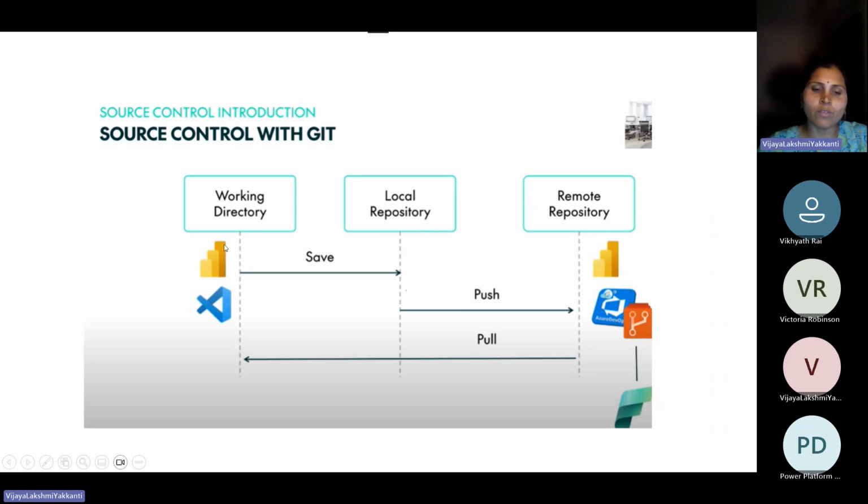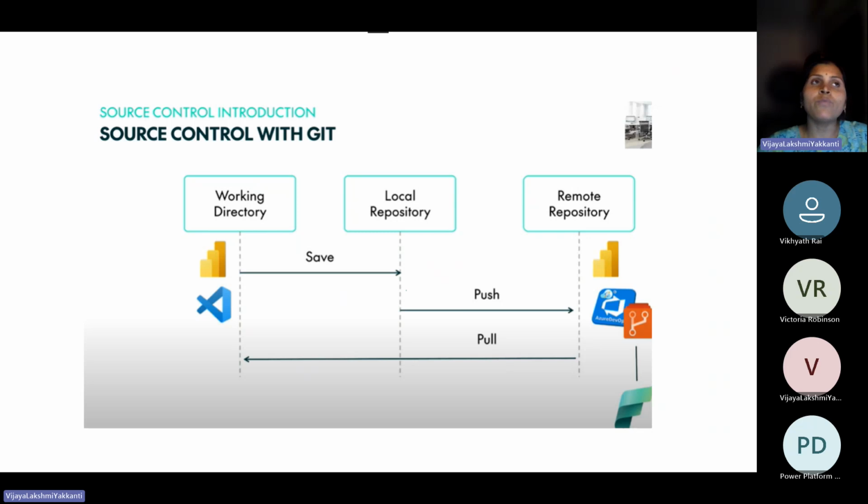Once we are working on the file, it is saved to the local repository, and then I push these changes to the remote repository, that is Azure DevOps in our case. So this is the flow from the local system to the remote repository. Now, for example, in the remote repository some files are also ready, and maybe some other developer has committed some changes.